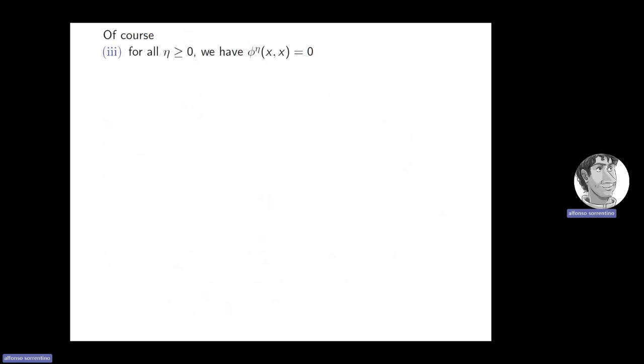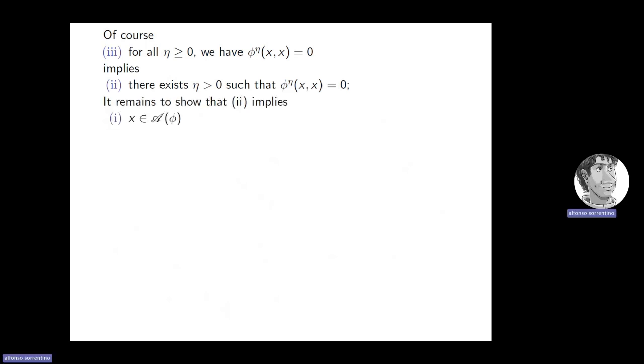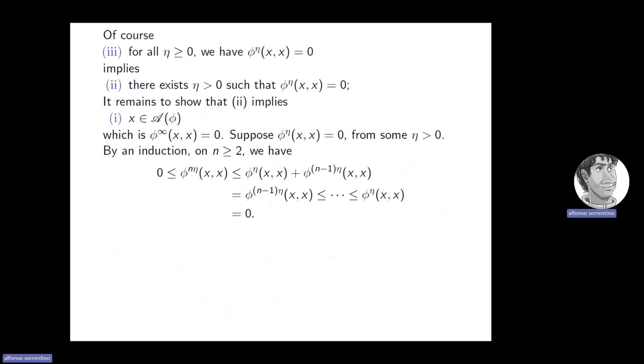And it remains to show that 2 implies 1. If we have 2, for some eta positive (0, of course, is not allowed because every point satisfies phi 0 of xx equals 0), then x is in the Aubry set, which is phi infinity of xx equals 0. Now, suppose phi eta of xx is 0 for some eta. Well, we can just take n eta, and by induction, we know that this is always non-negative, because it's larger than phi of xx.